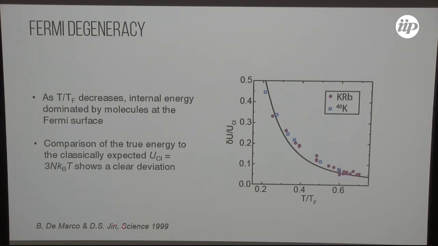And similarly to what was done 20 years ago for the atomic Fermi gas, you can see that this excess energy increases for both potassium-40 and the molecules, which are the purple points, as we lower the degree of degeneracy, and in theory should grow to 0.75, something like that, of the value of the Fermi energy. And this again is telling us that our gas, even if it is composed of an extended object, is an ideal Fermi gas of fermions.